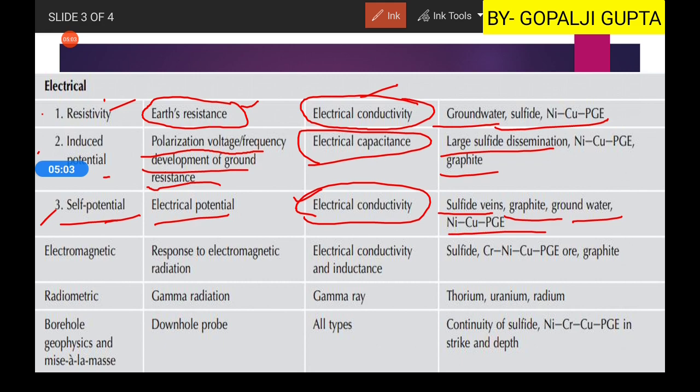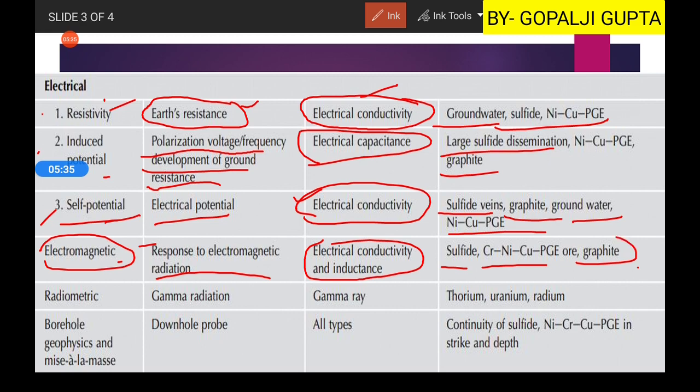If we use another geophysical survey, that is electromagnetic, we use the parameter electromagnetic radiation, the response to the electromagnetic radiation, and we get the electrical conductivity and inductance of the particular area or deposit. We can identify sulfides, chromium, nickel, copper, PGE ore, as well as graphite deposits.